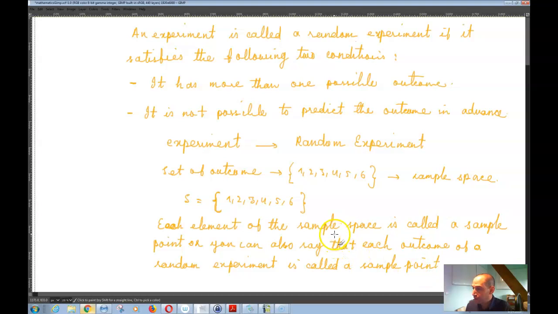Now let's take two examples here. Example number 1: two coins, a 1 rupee coin and a 2 rupees coin, two coins of two different denominations, are tossed once. Find the sample space. What that means is that the two coins are tossed simultaneously.